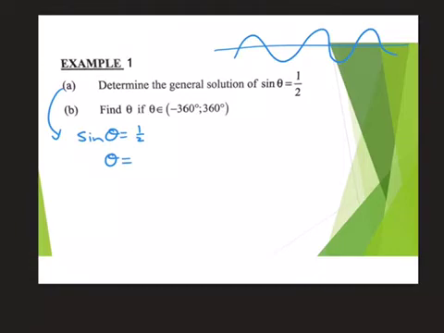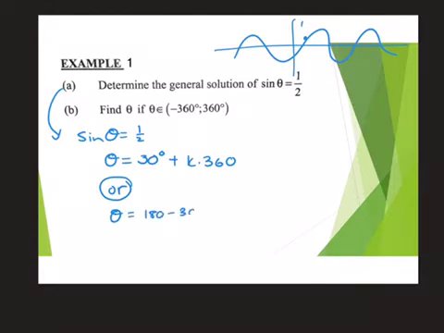So my calculator tells me that shift sine of a half is 30 degrees. So that's my upslope plus k 360 degrees. So my next upslope will be 360 degrees after, or 360 degrees before, 30 degrees. Or, always use an or, not an and. Theta is going to be 180 minus 30 plus k 360.